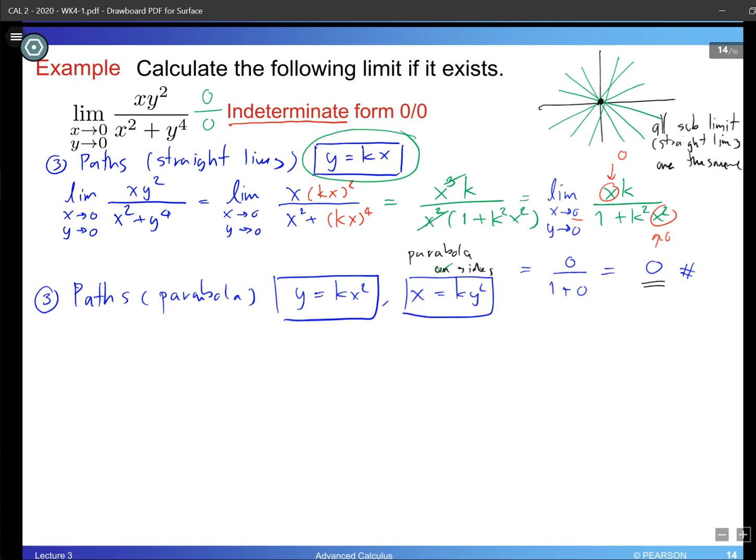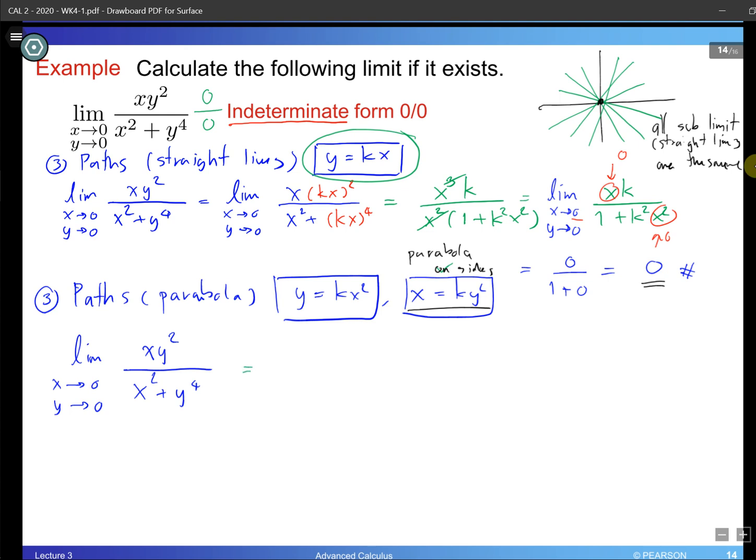I'm going to plug this into the limit that I have. So I have this limit, a lot of writing again, xy squared divided by x squared plus y to the 4th as x approaches 0 and y approaches 0. So we are going to plug this into the limit. Let me work this out.